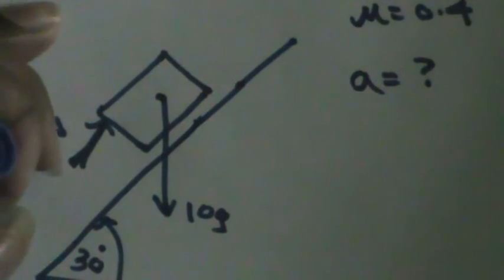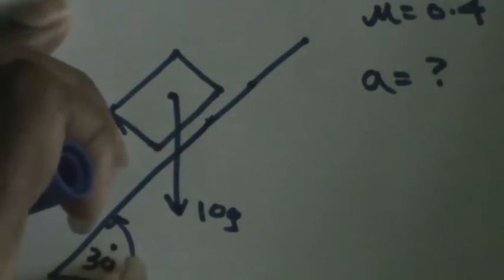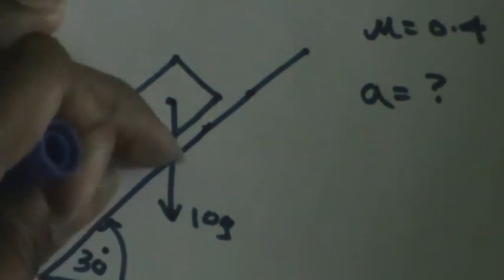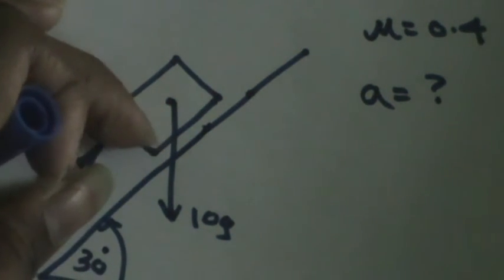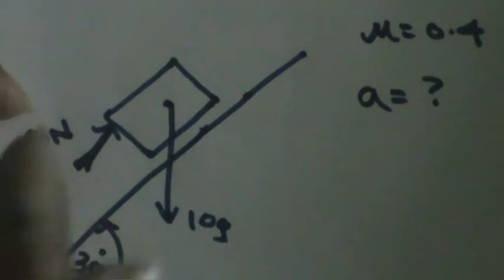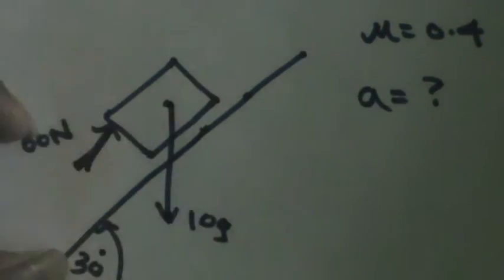As I mentioned before, whether the surface is inclined, horizontal or in any other direction, the normal force is perpendicular to the surface. Although the weight is vertical, the normal force is not vertical.